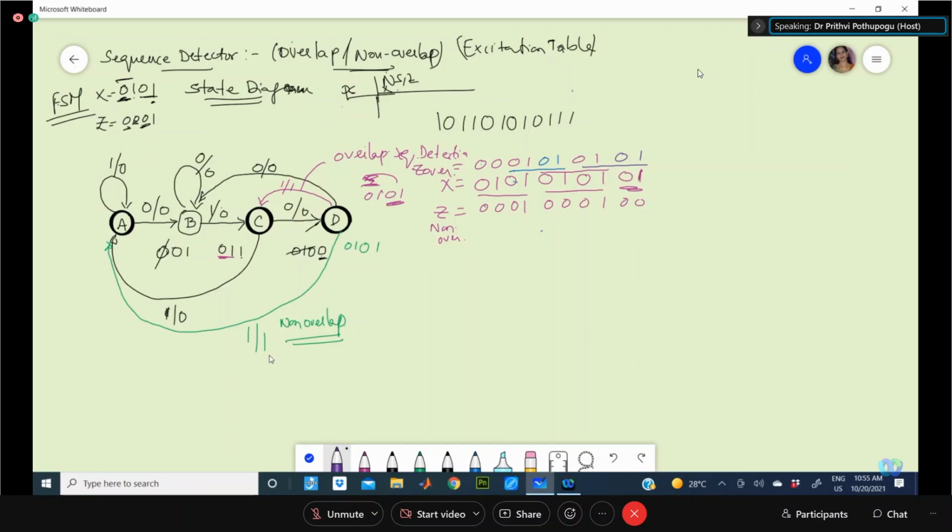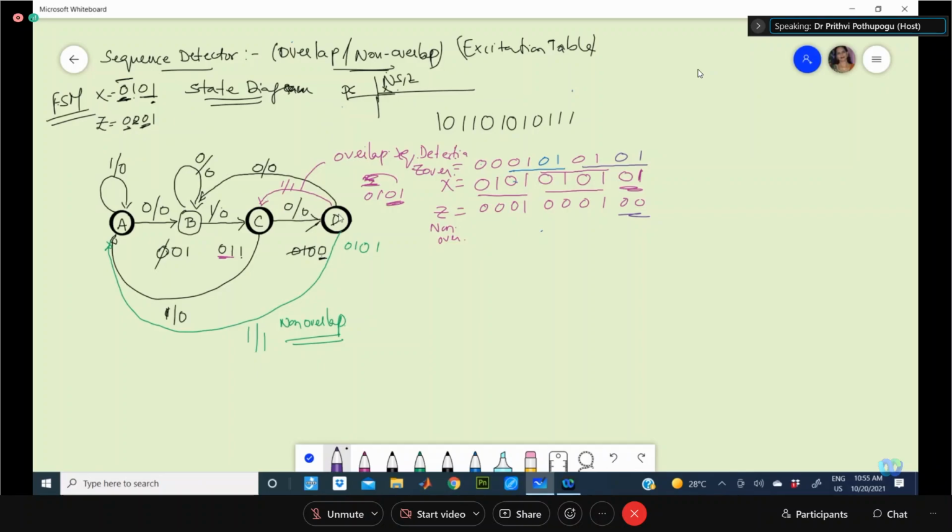It is getting reset here because this is taken back to A. Again 0, 1, 0, 1 happens, and you get 0, 0, 0, 1 as the output. Again 0, 1, 0, 1, output is 0, 0. Finished here.